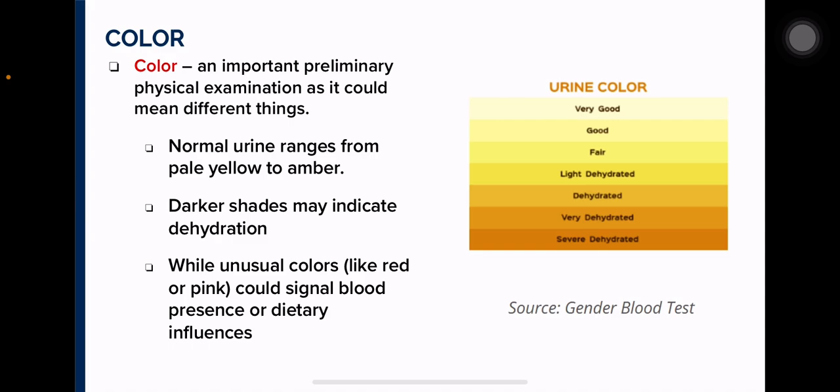Red or pink urine usually indicates the presence of blood, or beet ingestion, or medications. Other unusual colors may indicate metabolic disorders or drug effects. So remember, color alone is never diagnostic, but it provides important clues.